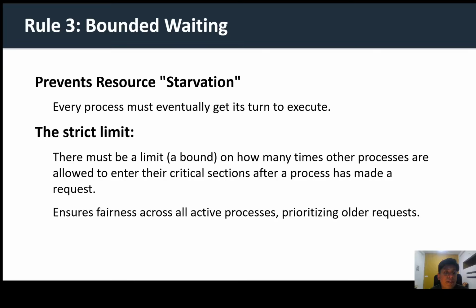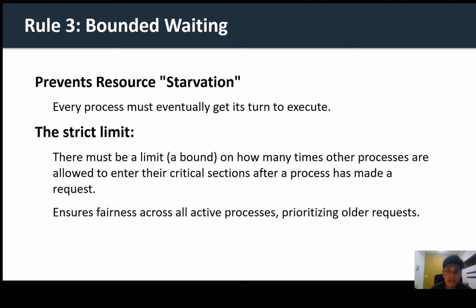Now we have bounded waiting, to prevent resource starvation. Every process must eventually get its turn to execute. Just by the term starvation, that process must get executed. It's not like process A is waiting for 3 hours and process B gets executed in just 30 minutes. No, there is a limit, right? The strict limit is like there must be a limit, a bound.